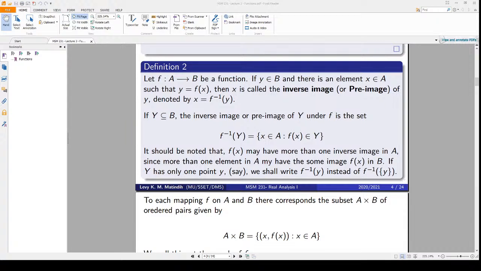Now, again, if Y is a subset of the set B, then the inverse image or pre-image of this set Y under f is the set which we write in this form.